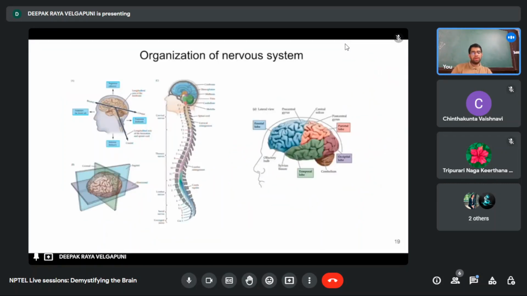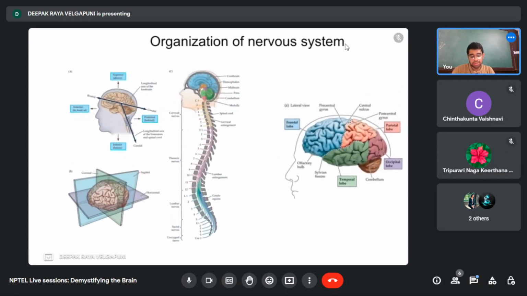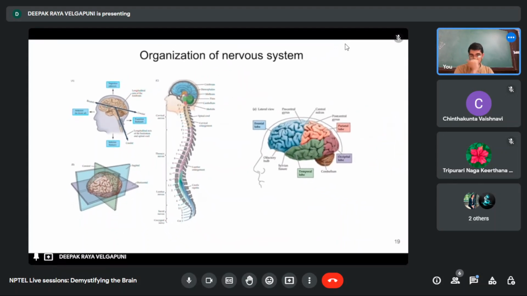Okay. We have actually seen a bit about the organization of the nervous system. It's not very visible, but yeah. So in the brain, you have different lobes, which have different primary functions, although there are some association areas and multisensory integration.